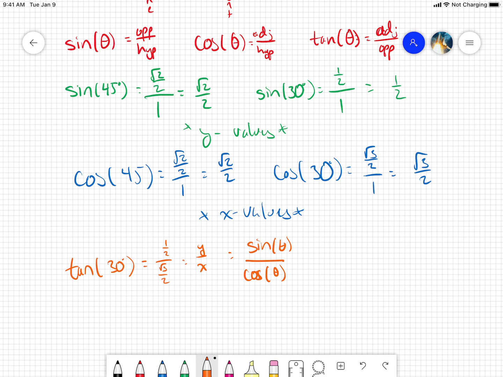And so that's where tangent kind of makes its appearance. It's sine of 30 over cosine of 30.